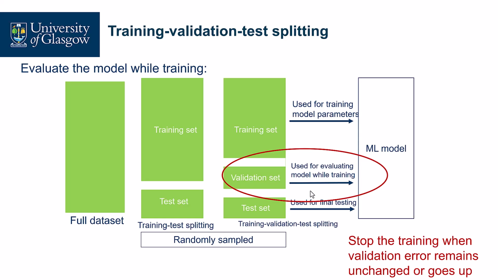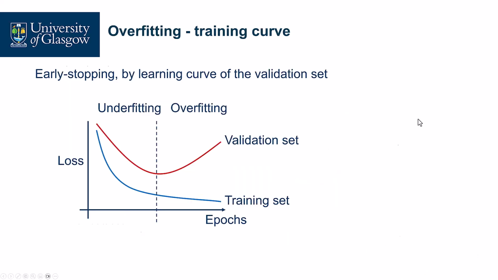So why can this help? We can see the following figure. The epoch is here, the loss is here. This is the training data. If we only look at the training data, the loss function will always decrease. But we can divide this into two phases.